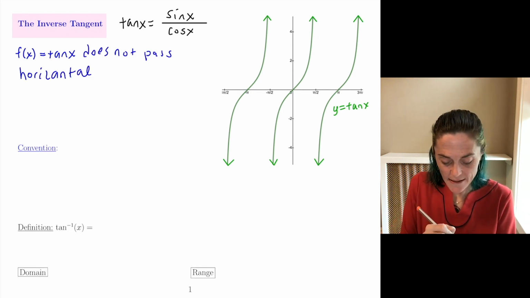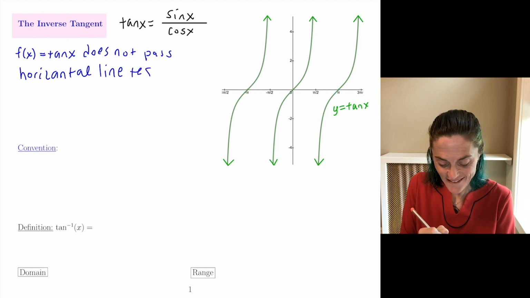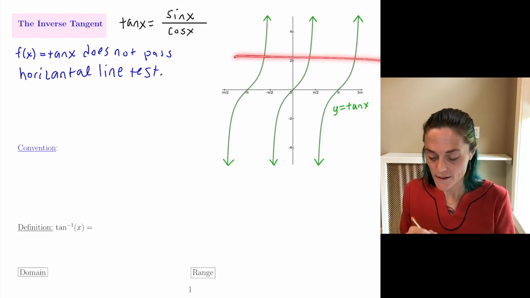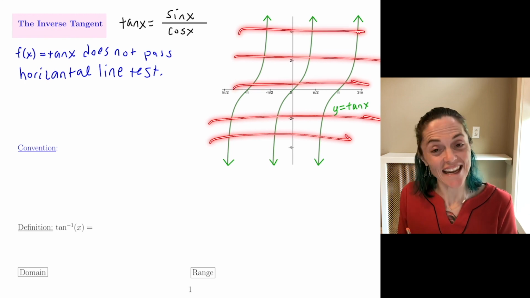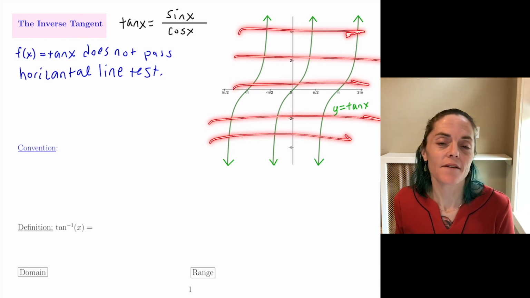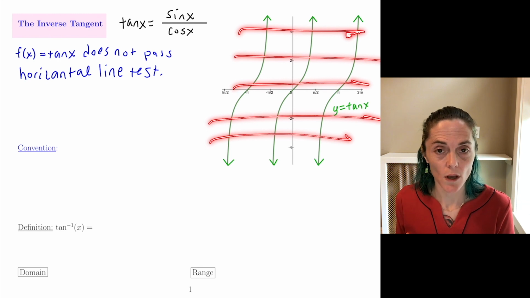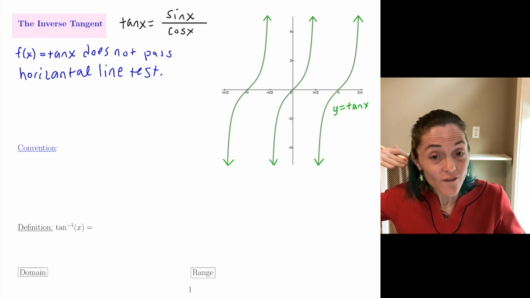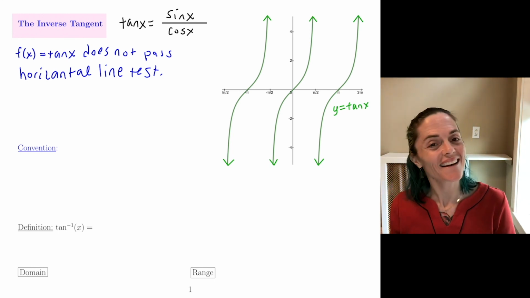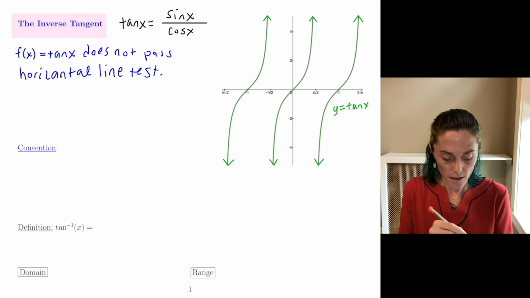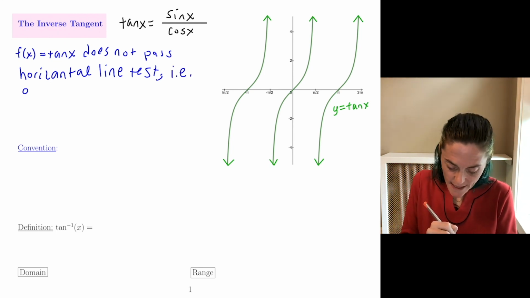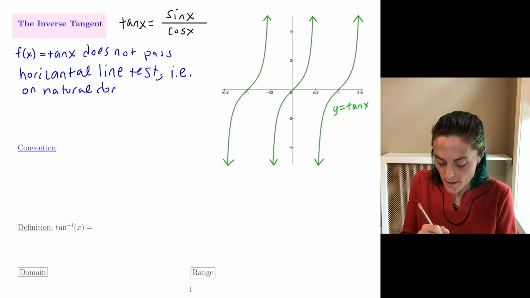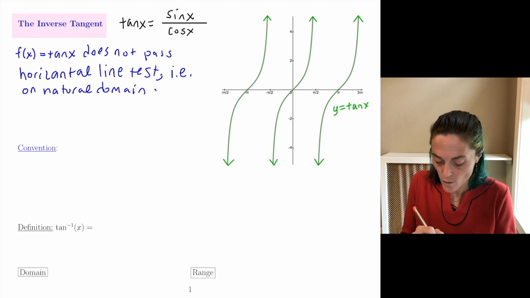What this means, well, any horizontal line hits the graph of the tangent infinitely many times. So when you flip along the line y equals x, that graph would fail the vertical line test, meaning not a function. I will say on its natural domain, we do not have an inverse function.